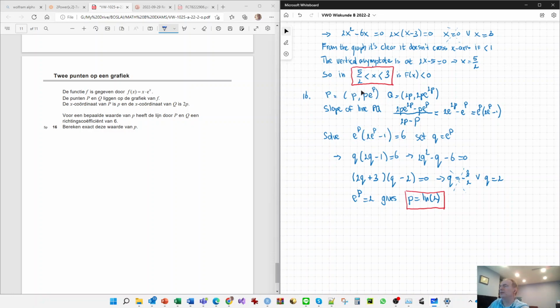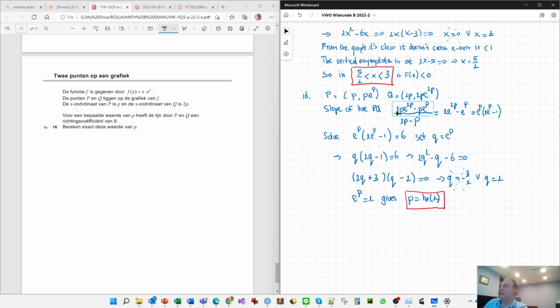So P is given here, right? And Q is given here. And for a certain value of p, this line has a slope of 6. Well, what is the slope of the line going through P and Q?